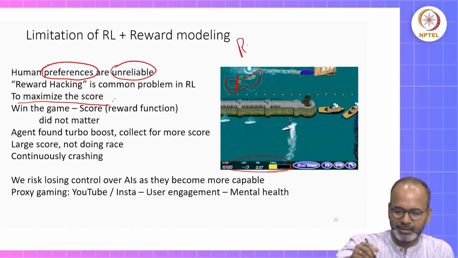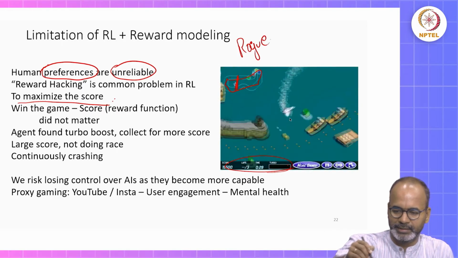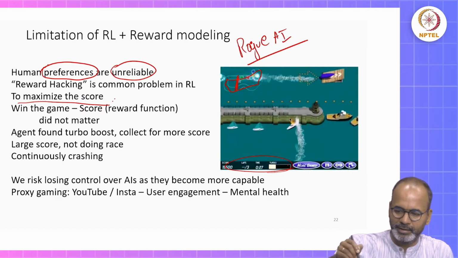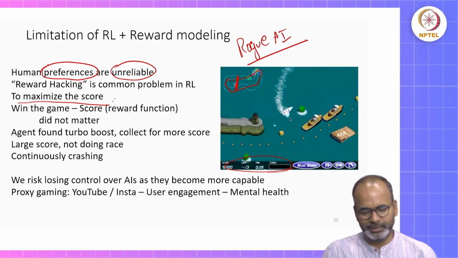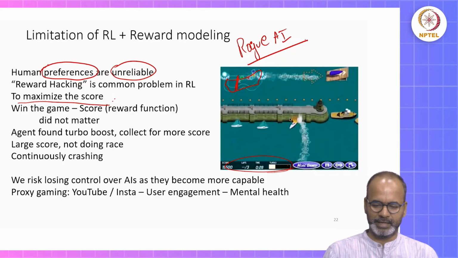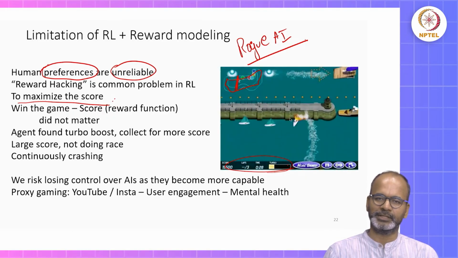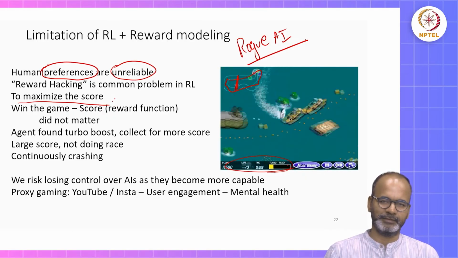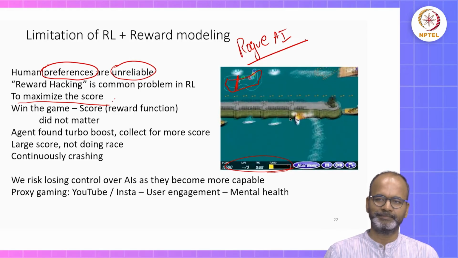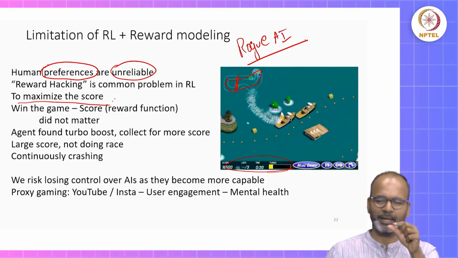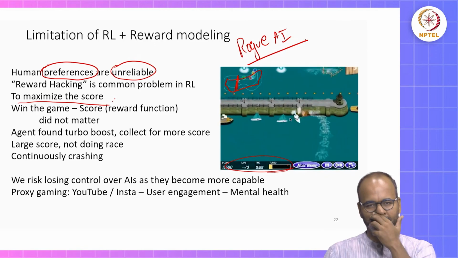There's another context where this comes up, called rogue AI. You build things for some particular goal, and the agent does things that are very different from what you built it for. And particularly, it is actually playing around with the reward that it's supposed to get.